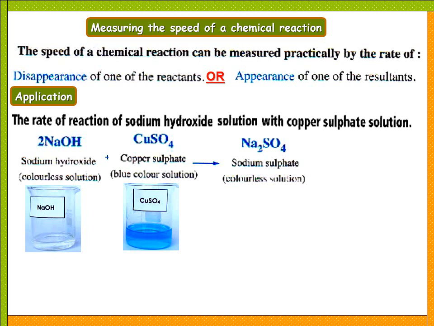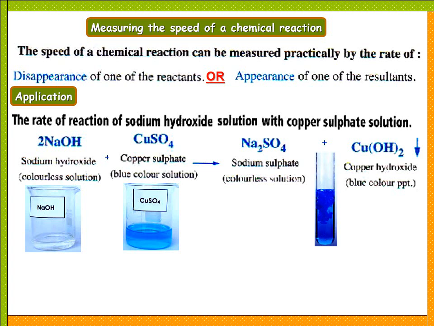It will be sodium sulfate, Na2SO4, a colorless solution, but we have the precipitate here by double substitution: copper hydroxide, Cu(OH)2. The tube contains a blue precipitate that indicates that the reaction happens. So the appearance of blue precipitate of copper hydroxide indicates that a reaction occurs, or the disappearance of the color of copper sulfate solution indicates that the reaction occurs.